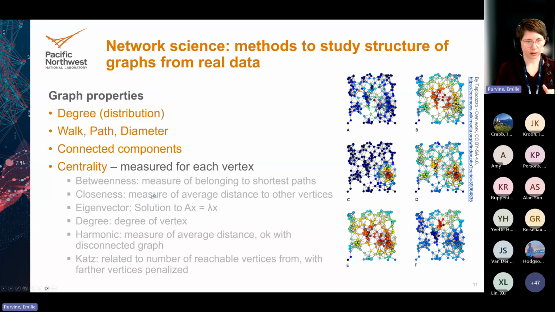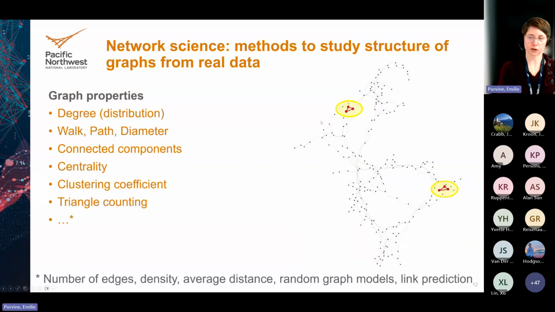I'm going to say a little bit more about centrality later, but notions of when a vertex is central. You might define that in different ways depending on what you're looking for. And so finding important or central vertices can be of interest. There's just a lot of different ways that people have defined this.